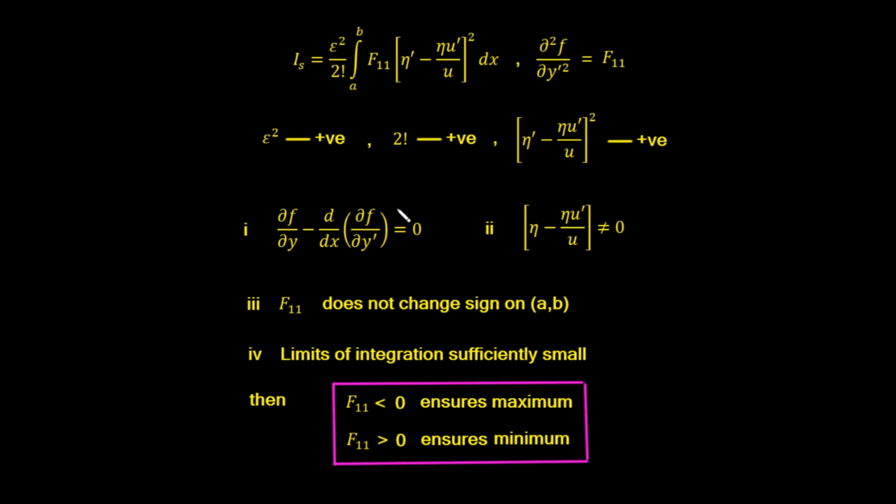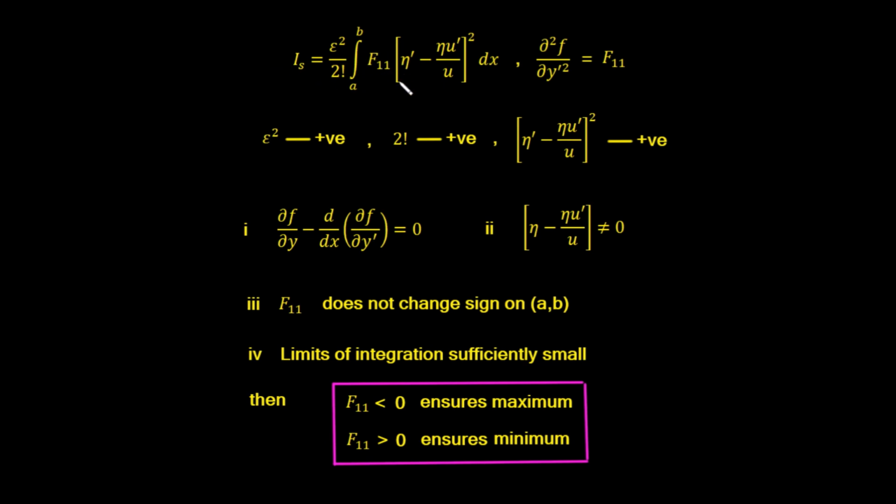So we can say then, in recap for this Legendre test, that the first variation must be met. So this is the Euler-Lagrange equation. We said that f11 doesn't change sign on AB. If it was to change sign on AB, then the value here, the second variation, is going to change along with the variation in sign.